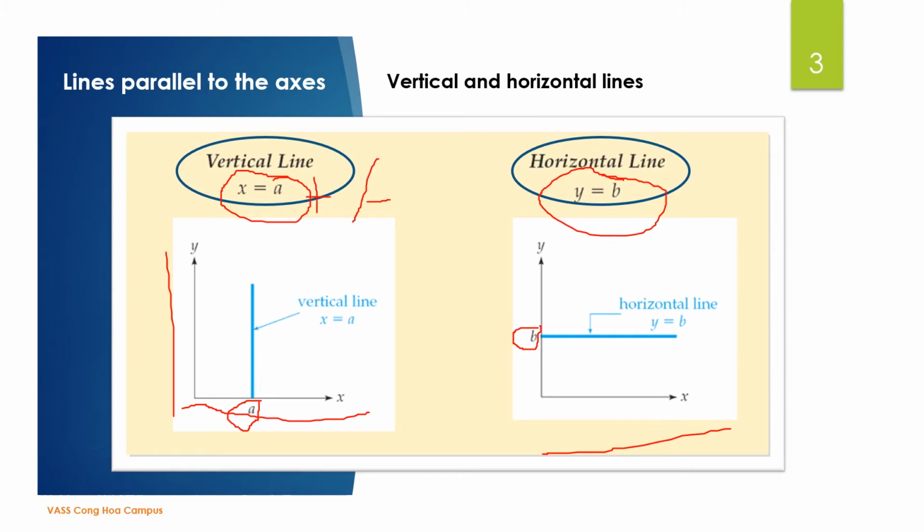Same for b. It can be a positive number or a negative number. The key thing here is that x has a value, a coordinate, while y doesn't.